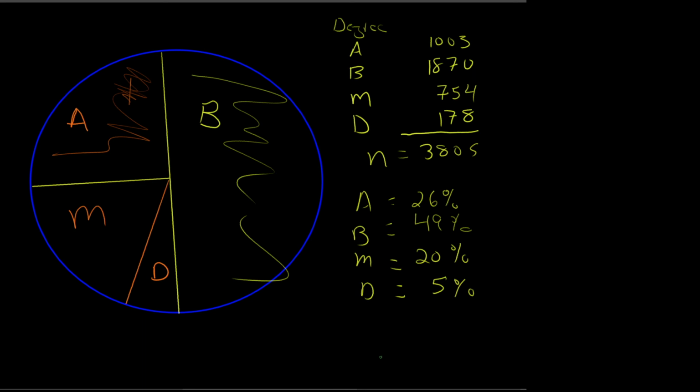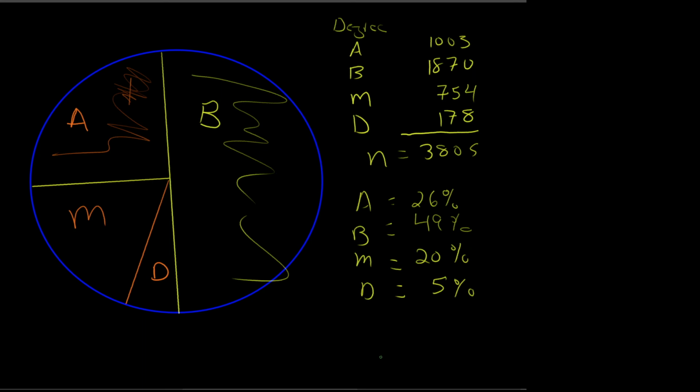All right, and the last chart we're going to look at is called a Pareto chart. A Pareto chart is a way of looking at qualitative data, where we look at the categories and we put the categories in descending order.